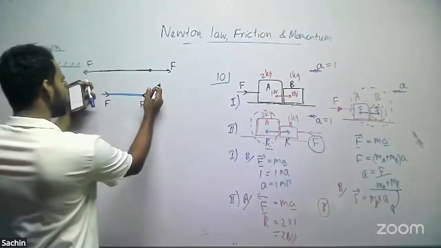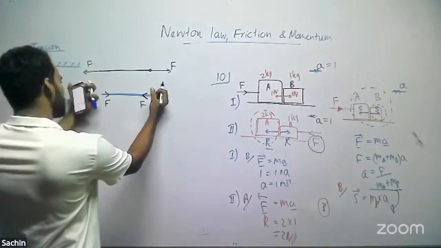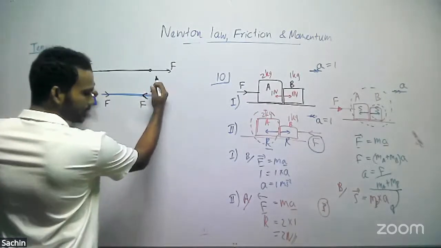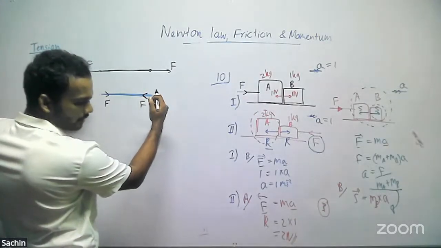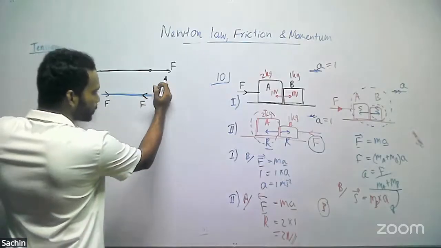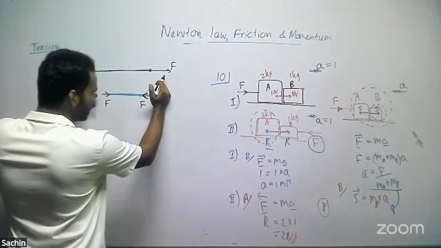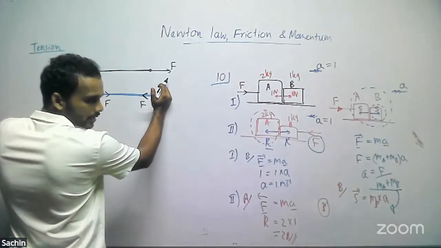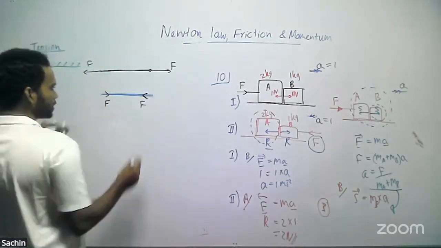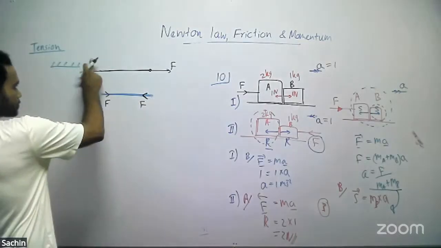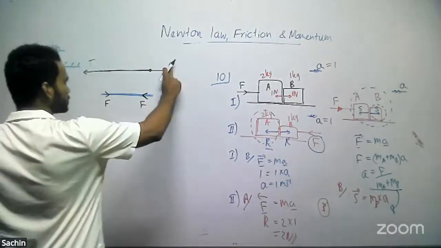There are objects attached to both sides of the string, and the forces on those objects are what we mark along the string. We are only marking the forces acting on the objects connected to the ends. So these are the tension forces.